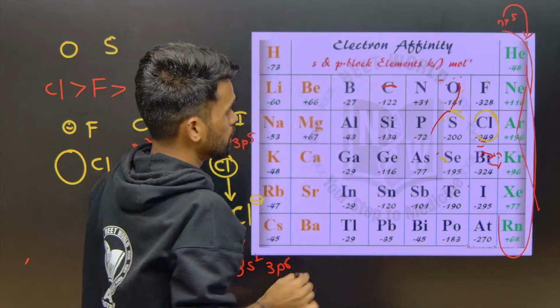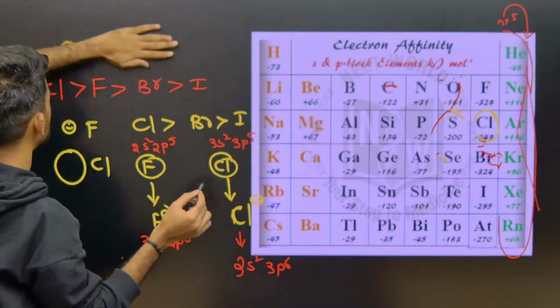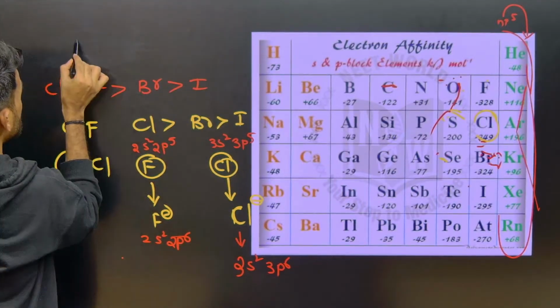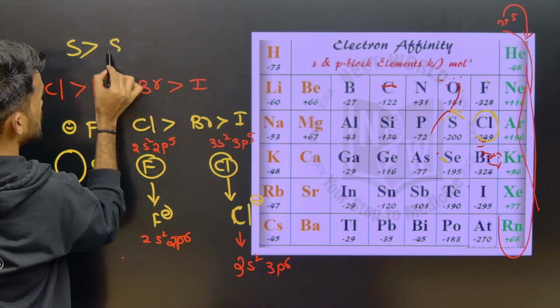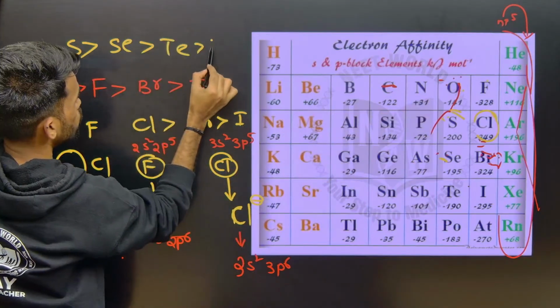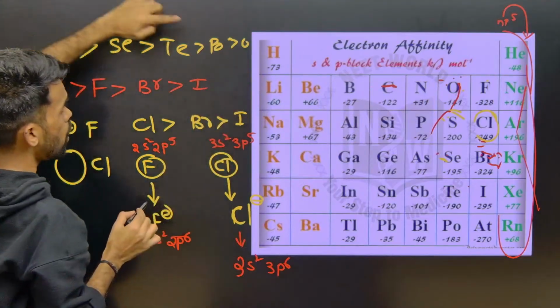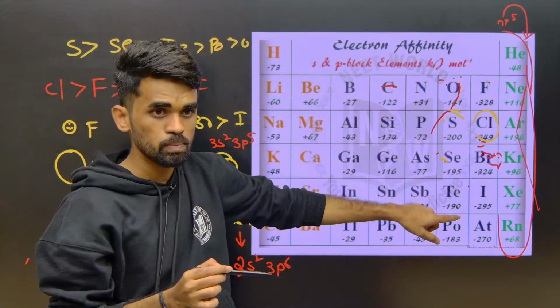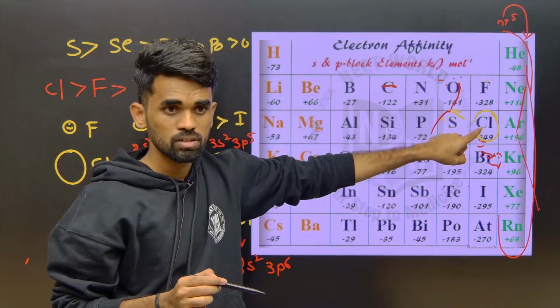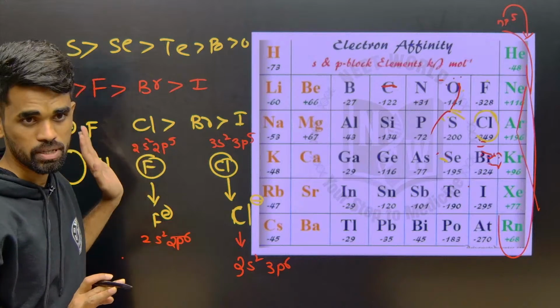So now the overall order of the oxygen family is something like this: sulfur, after that selenium, tellurium, polonium, and least is oxygen. So oxygen is least in the 16th group, and fluorine is second in the halogen family. These two orders you can remember. Majorly they may ask from here only.